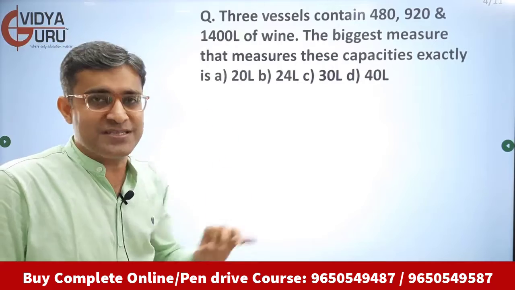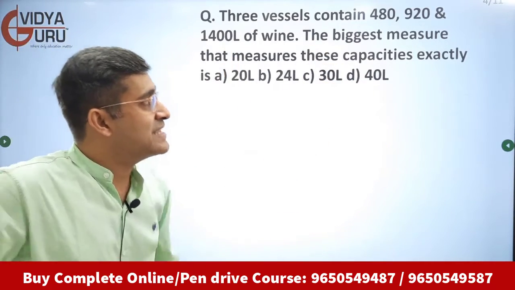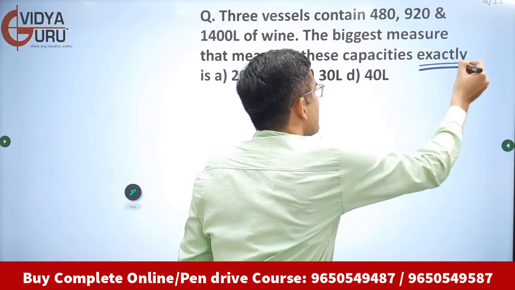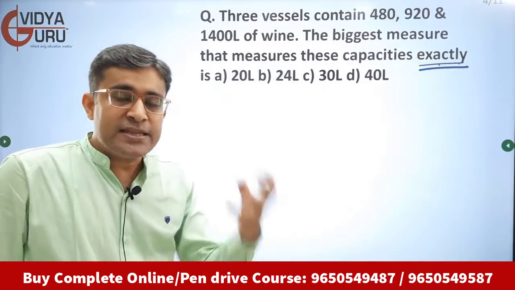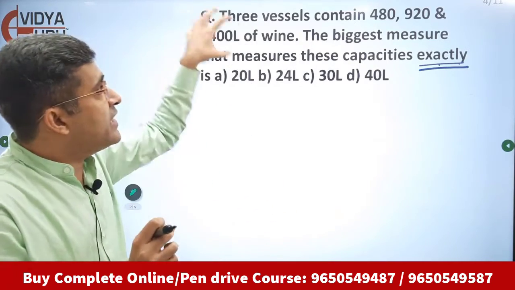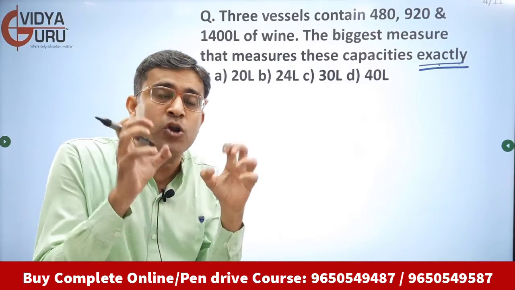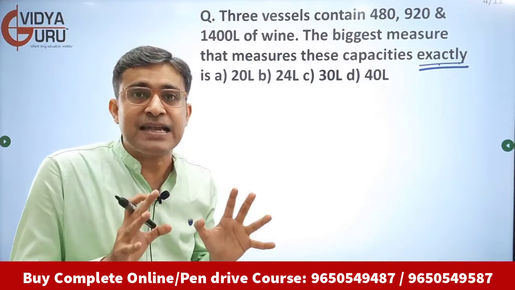We have 3 such vessels. The biggest measure that measures these capacities exactly. That means when we think of such a measure, it has to measure these volumes, 480, 920 and 1400. These volumes should be measured exactly.